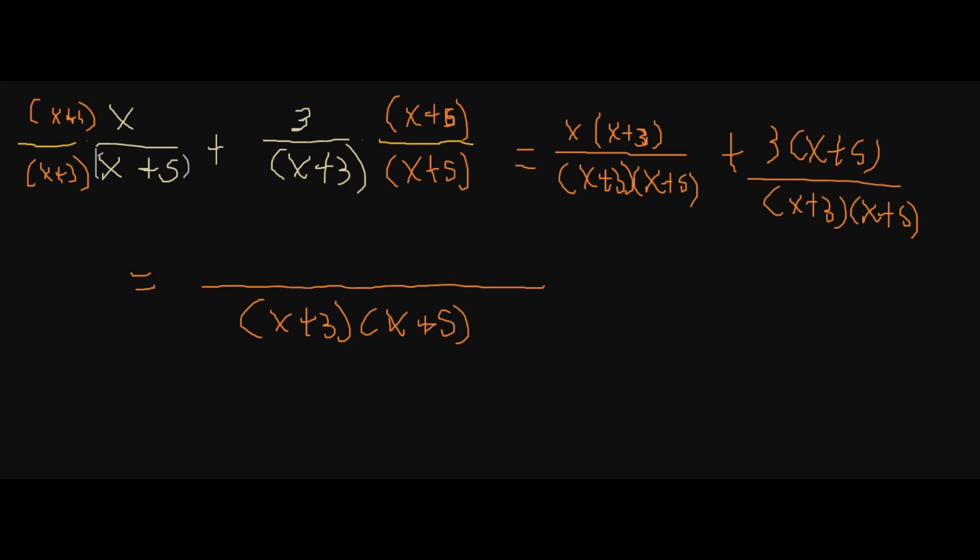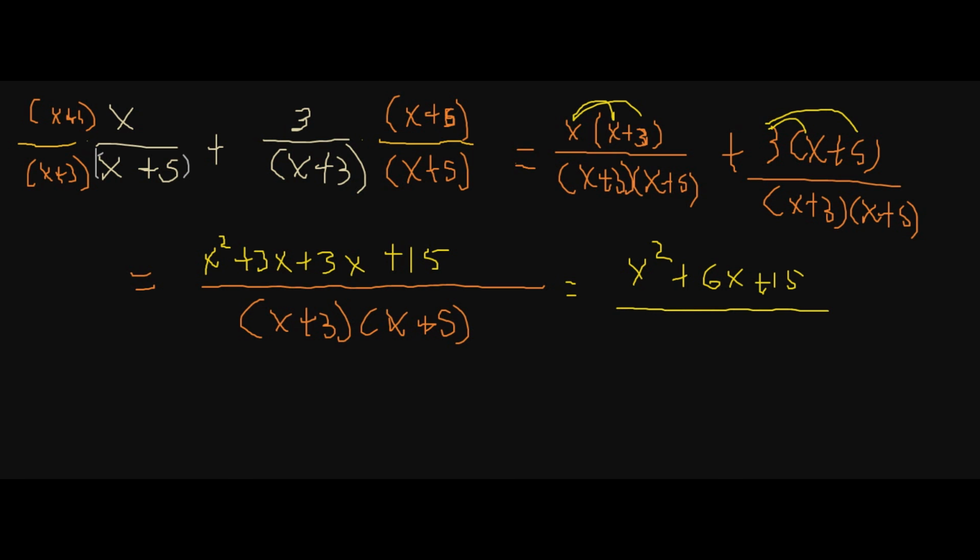Okay, and now I'll go ahead and simplify the top, right? Well, x times x is x squared, x times 3 is going to give me plus 3x. Over here I'm going to get plus 3 times x is 3x, and 3 times 5 is 15. Therefore, my equation is going to be x squared plus 6x plus 15, all divided by x plus 3, x plus 5.